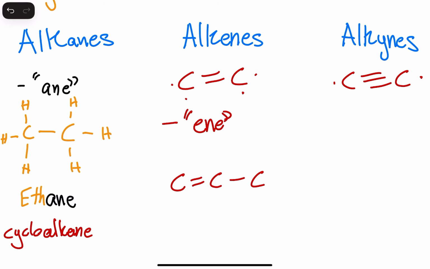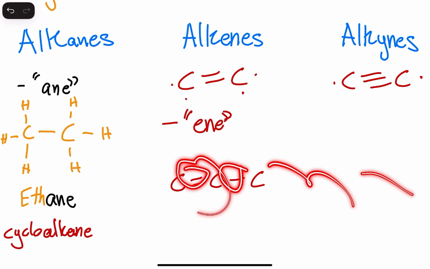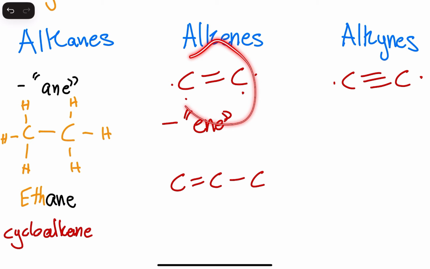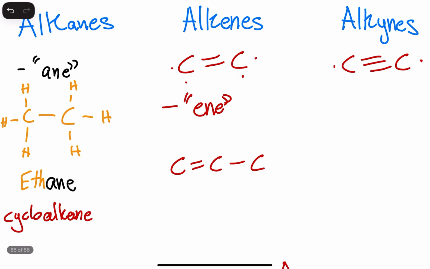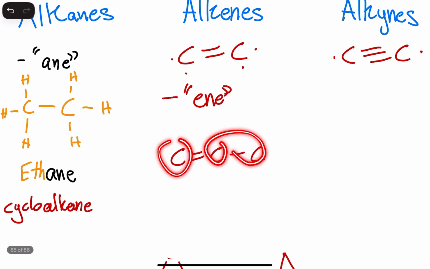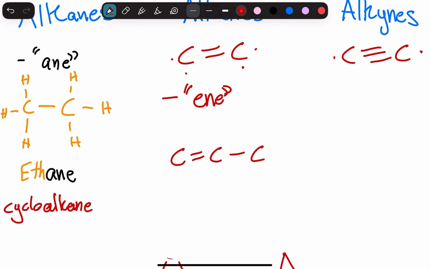This automatically makes it an alkene. It doesn't have to be a double bond across the entire chain, we just need one double bond to tell us that this is an alkene. And so this would be called, since we have 3, prop, and then it's going to have the ene ending. That lets us know, okay, this is double bonded.